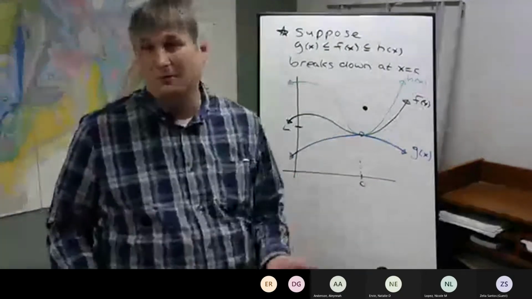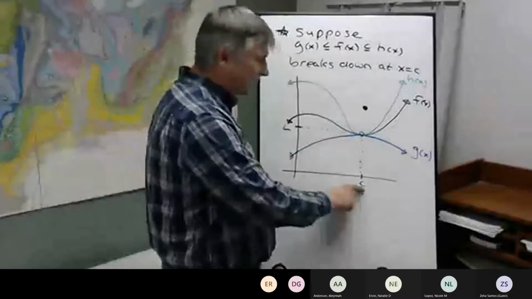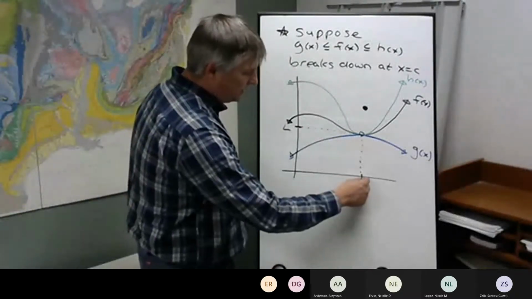Now again, the sandwich theorem actually still holds because the limit is not about what's happening exactly at c, but what's happening near c.